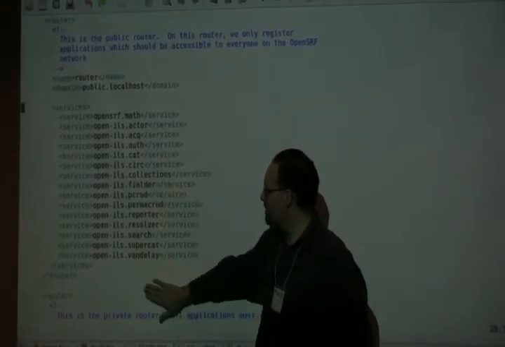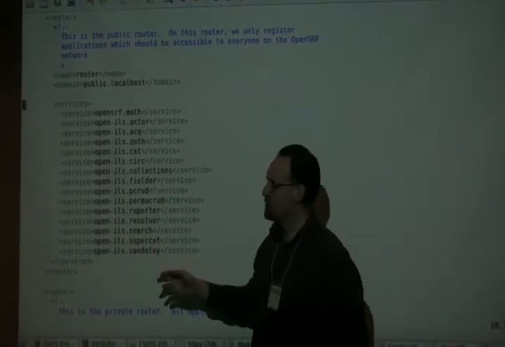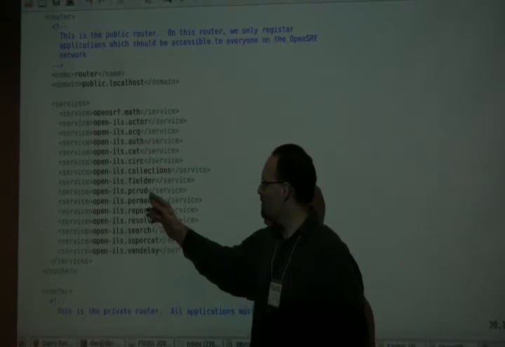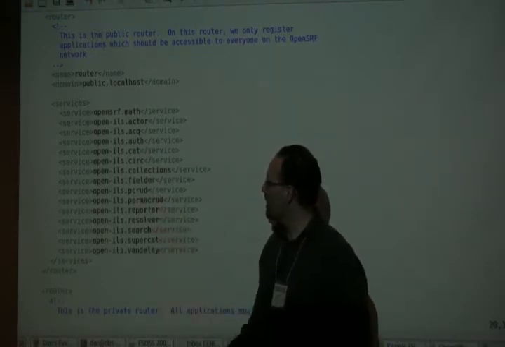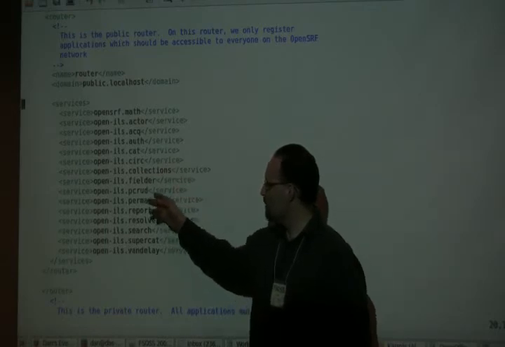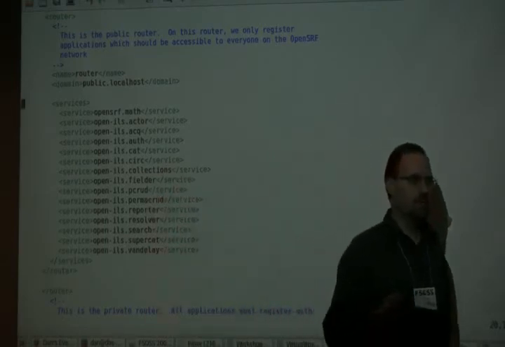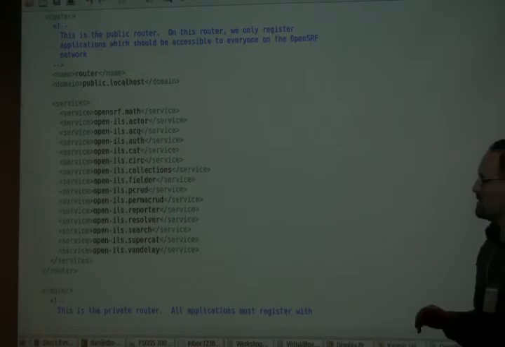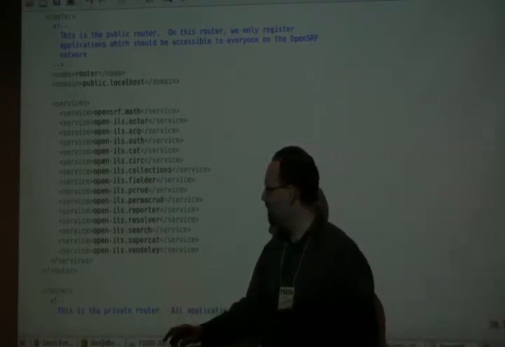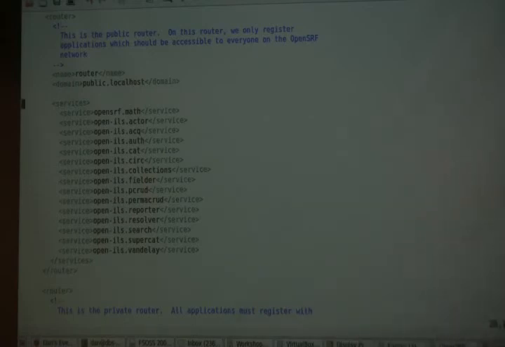These are all library services, so things like search, which searches the database to give you results. Permacrud and pcrud we'll talk about later. Permacrud and pcrud are permission-aware database interfaces for objects in the library system. Vandelay for importing, exporting. Those are all the services that are offered on the public routed network.